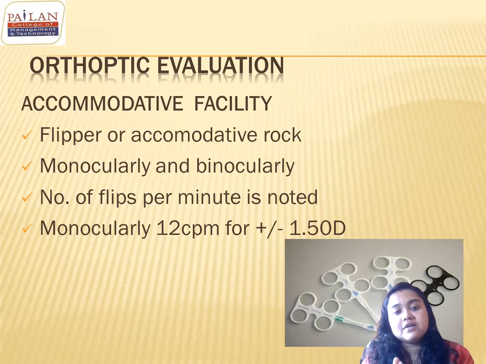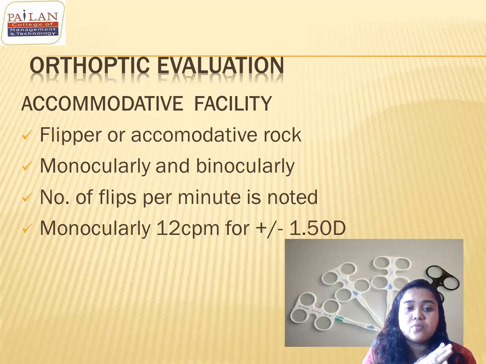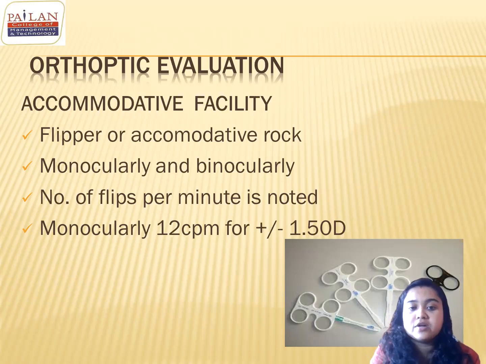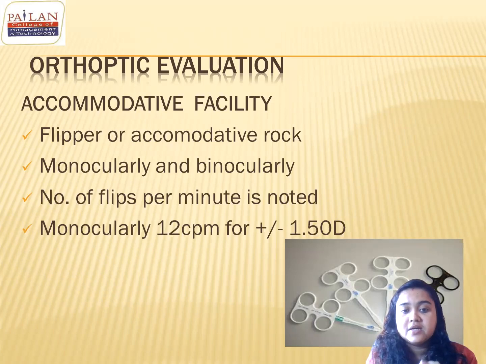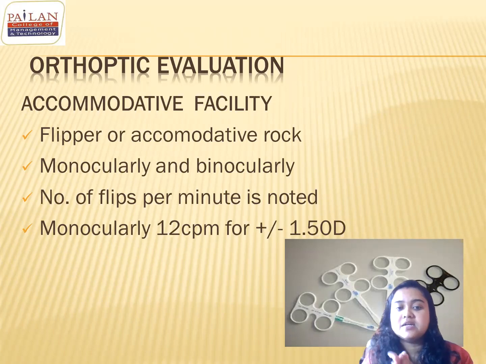So accommodative excess and accommodative insufficiency is a different matter. We are testing accommodative excess and insufficiency with the other accommodative parameters I have discussed, like the amplitude of accommodation, your NRA, your PRA, and the MEM retinoscopy, right? And the accommodative facility part is different.